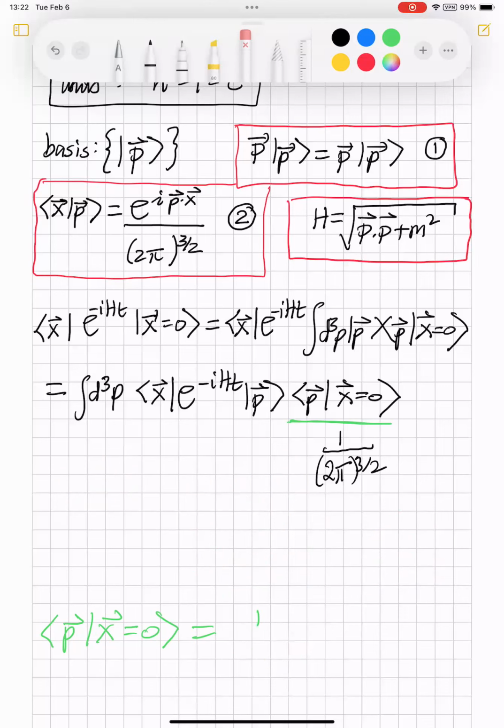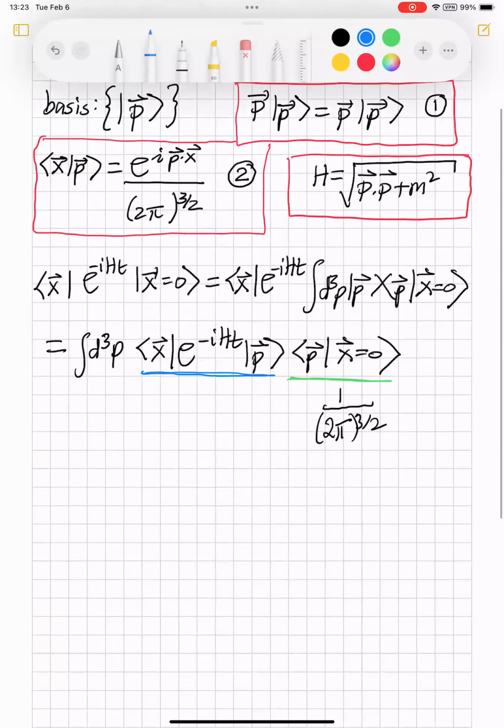Okay, so we are going to look at this matrix element sitting here. As a first step, what do we get if we have e to the minus i H t acting on ket p?